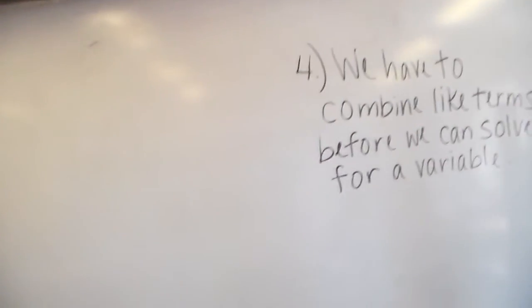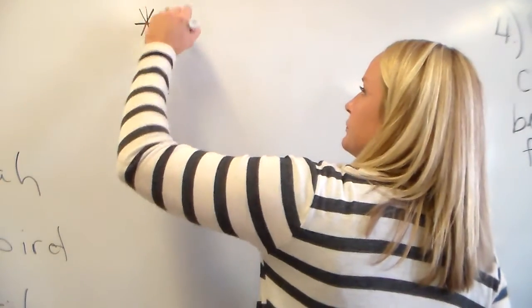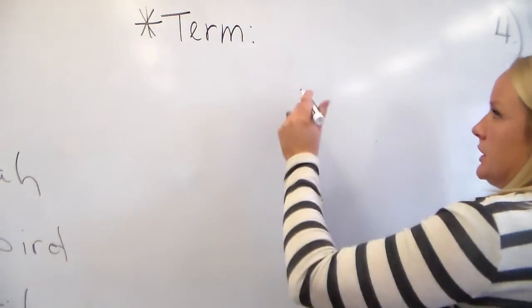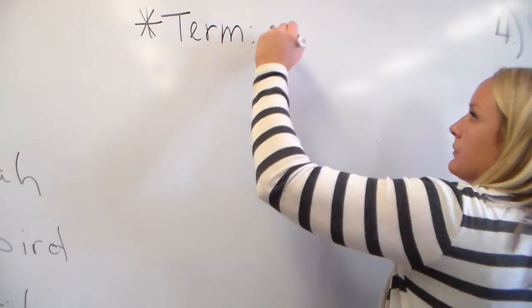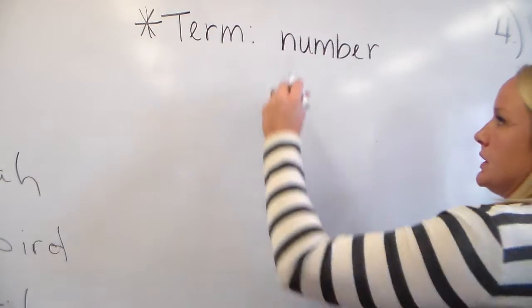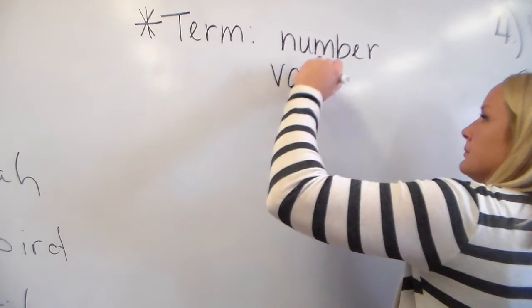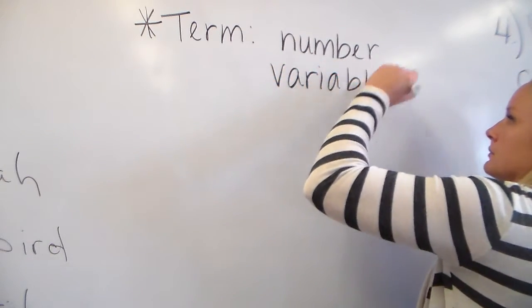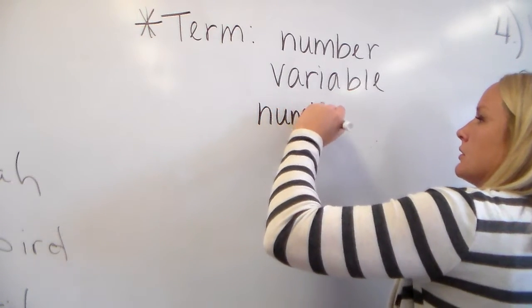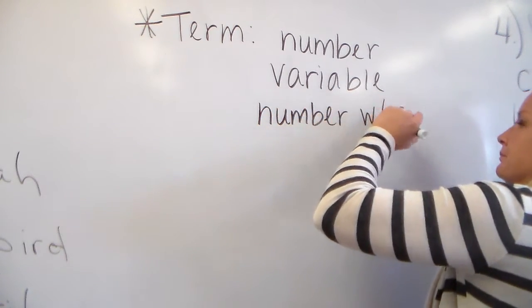First of all, let's just talk about what terms are in general in math. So if I have a term, it could be a number by itself. It could be a variable. Or it can be a combination of a number with a variable.